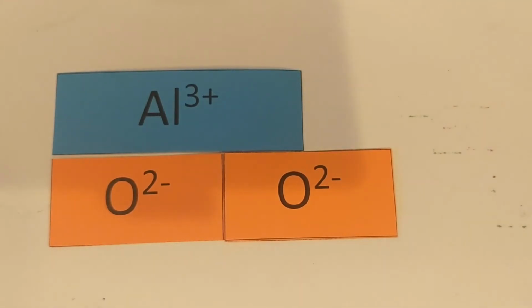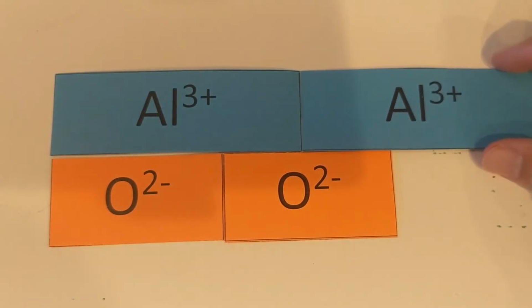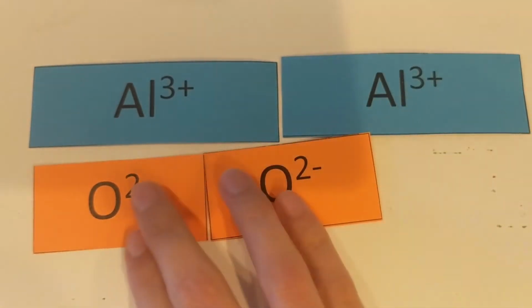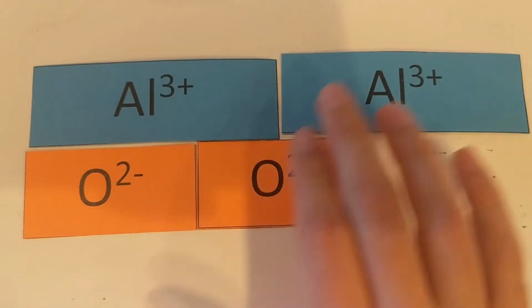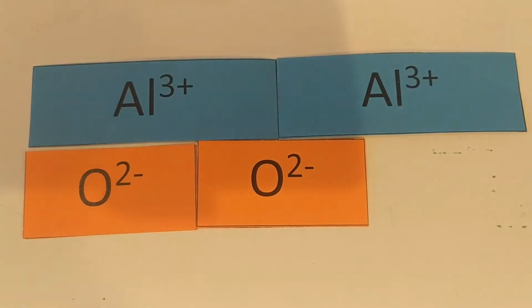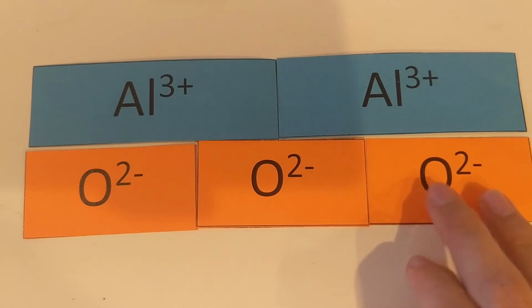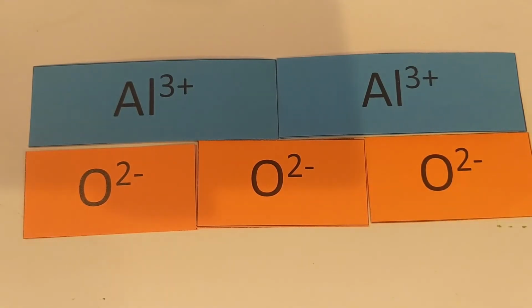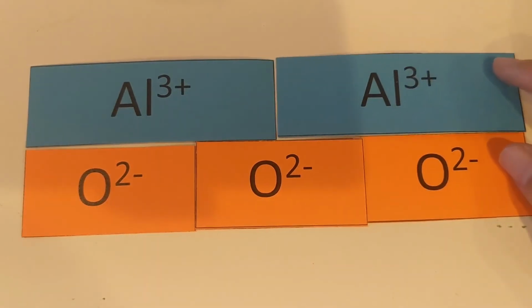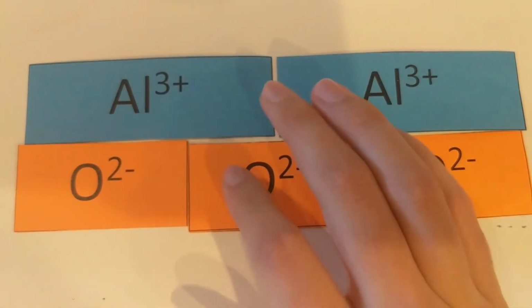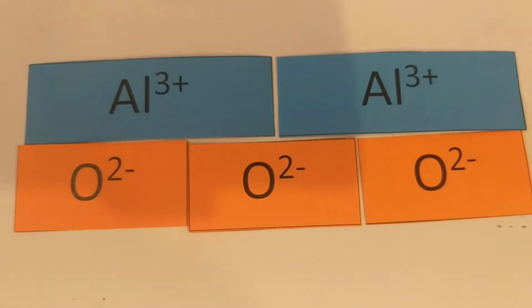So now I have too much negative charge. So I can add another aluminum ion. And now I have too much positive, but if I add a 3rd oxide ion, that will be a balanced charge right there. So for this ionic compound, I'll have 2 aluminum ions for every 3 oxide ions.